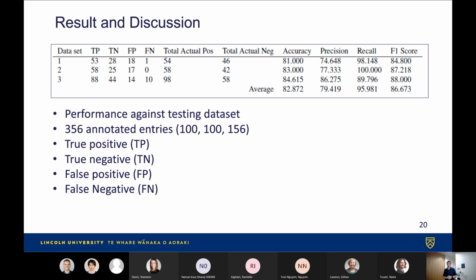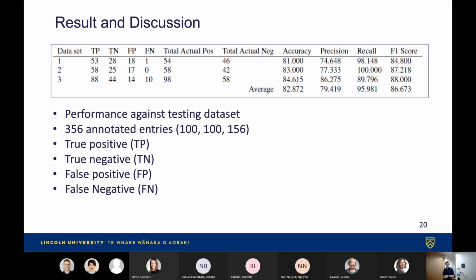which means we're doing well. You can see that the recall is high, which, you're keen on your precision and recall being high, but having a good recall is good. Just looking at the raw numbers there, you can see in data set 2, where we had 100% recall, we got 58 true positives out of 58 actual positives.